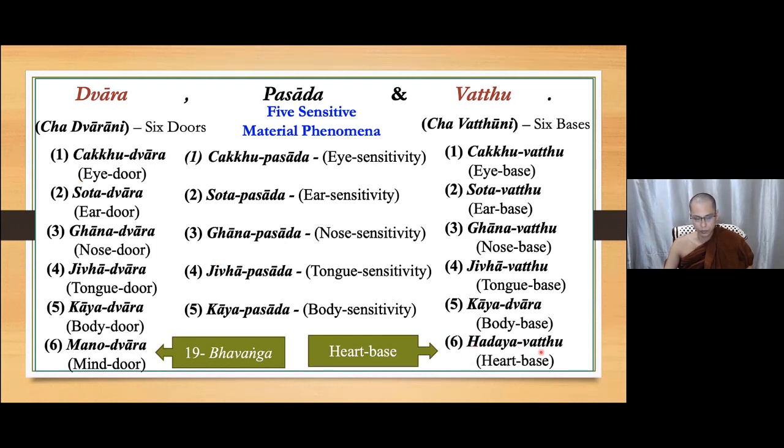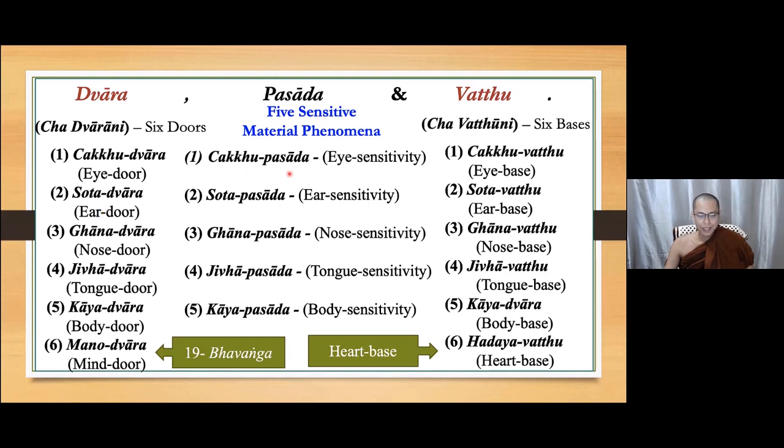In the case of Dwara, the last one is Mano Dwara, mind door. In the enumeration of Vatthu, the last one is Hadaya Vatthu, heart base. This is the difference between the two classifications.